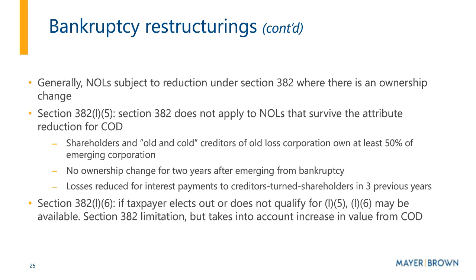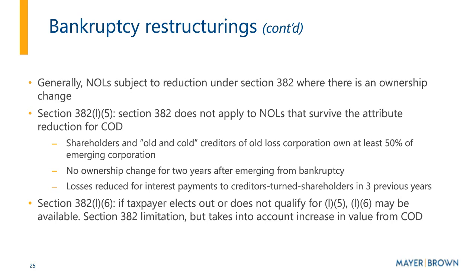You can't have any ownership changes for the following 2 years, otherwise your NOLs get wiped out from use. And you've got to recalculate your NOLs by taking away interest deductions for the creditors for the debt that becomes equitized. So it's almost like you're treating those creditors as if they had been equity holders for those 3 years. And I think it's the prior 3 years and the tax year in which the restructuring occurred.